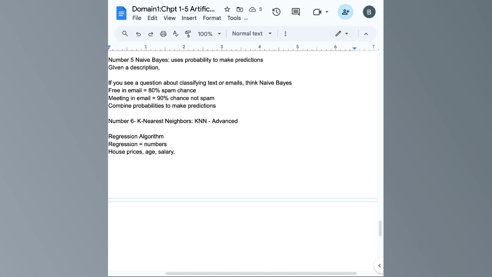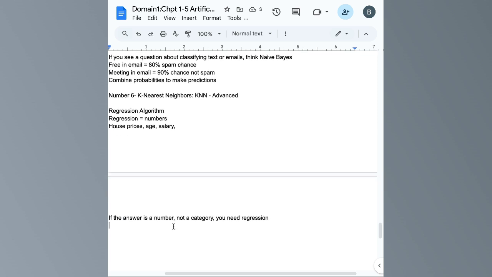If the answer is a number, not a category, you need regression. So house prices, age, salaries, temperatures, those are regression. And there are only two types of regression algorithms.